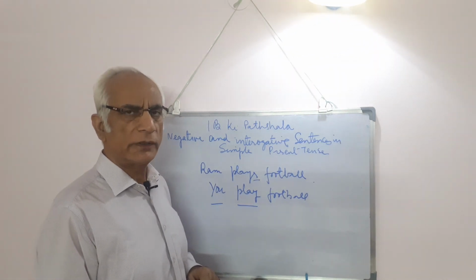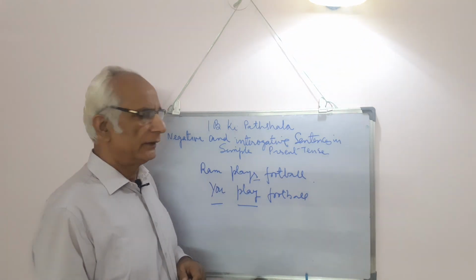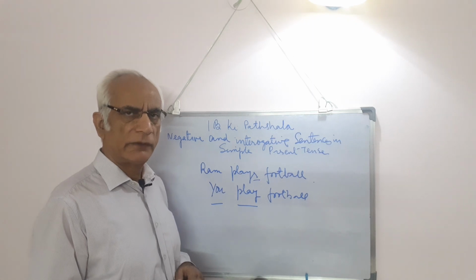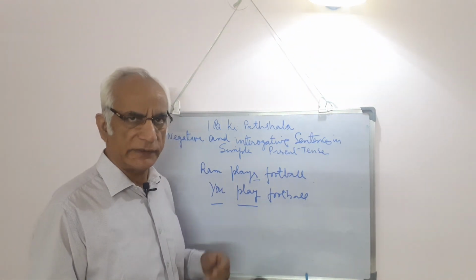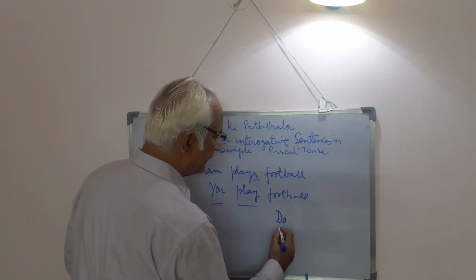Now we have to change into a negative sentence. Whenever we change a sentence from positive to negative or we write a negative sentence, we have to use helping verb do or does.